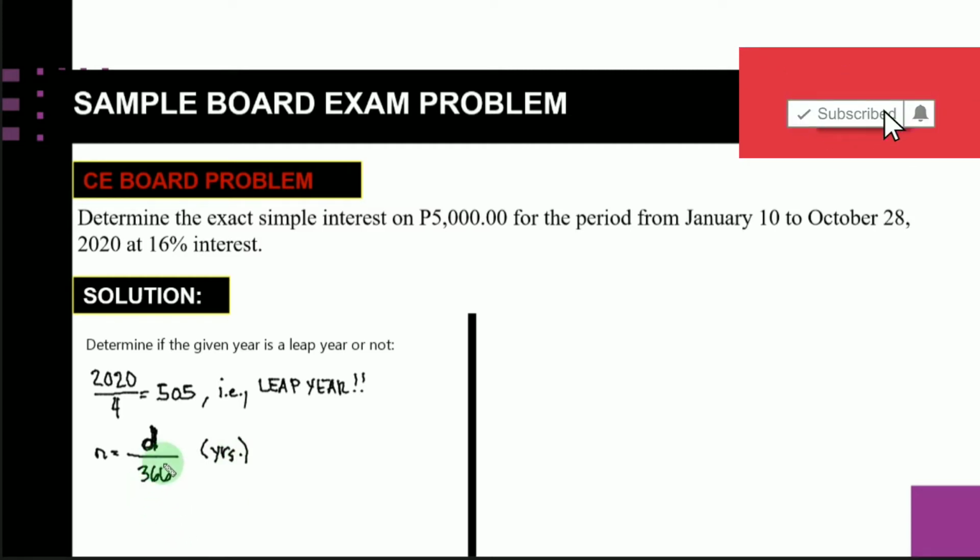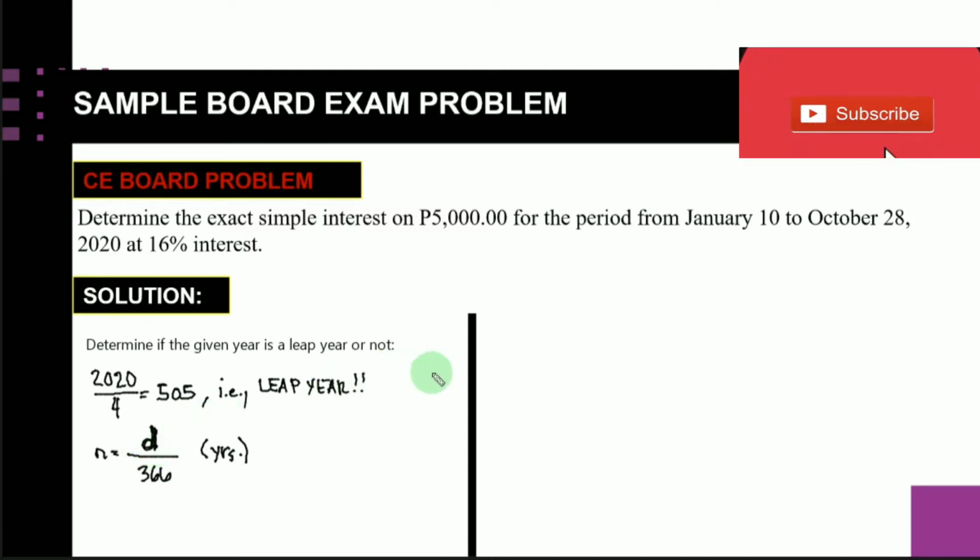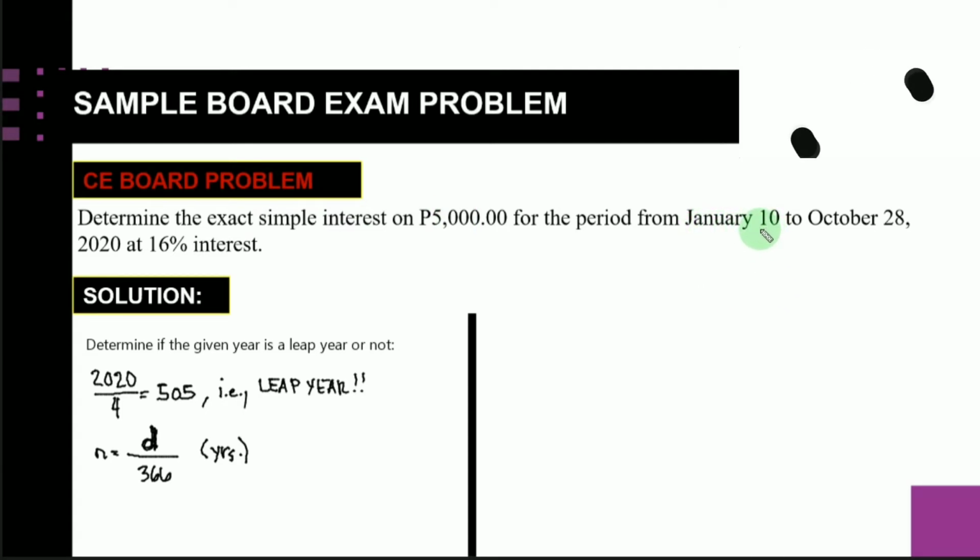So now we are concerned with getting the value of d. We need to determine the days from January 10 to October 28.